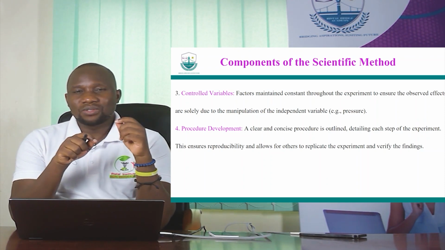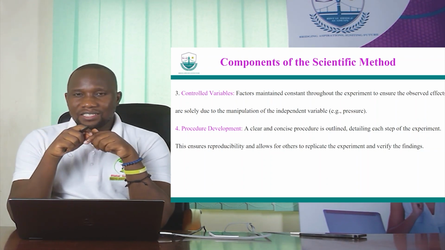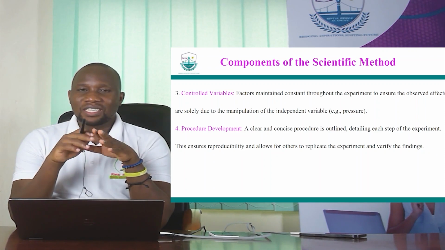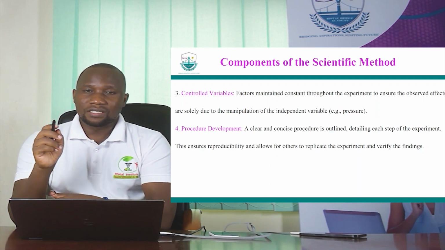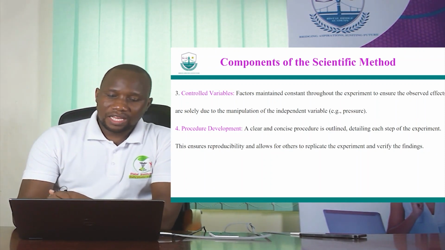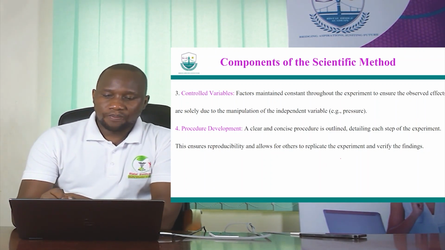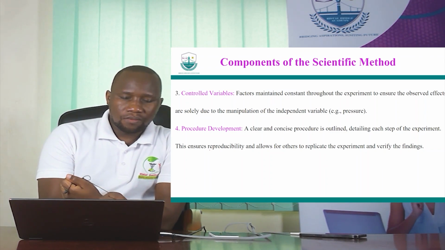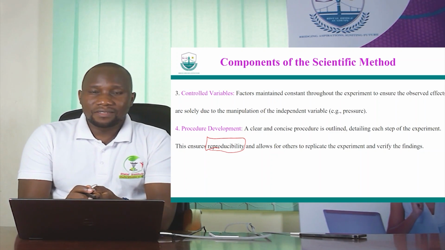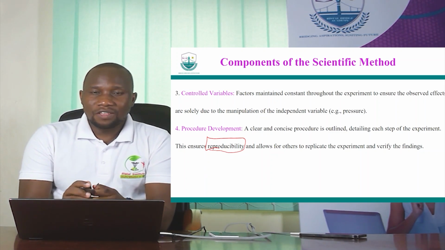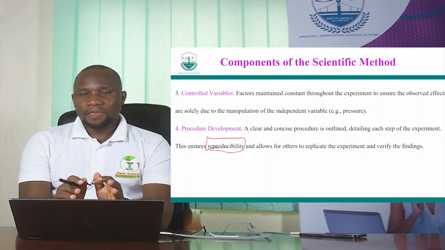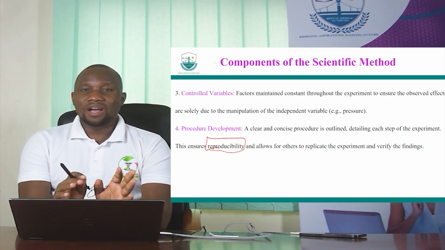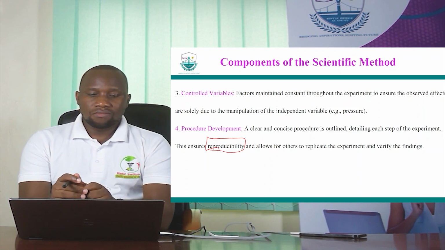Because you want another scientist to repeat the same experiment and come up with the same results. That's what you want. That is an issue of ensuring the ability to reproduce the same results. If I repeat the same procedure like what you have described, I should have the same results like you.